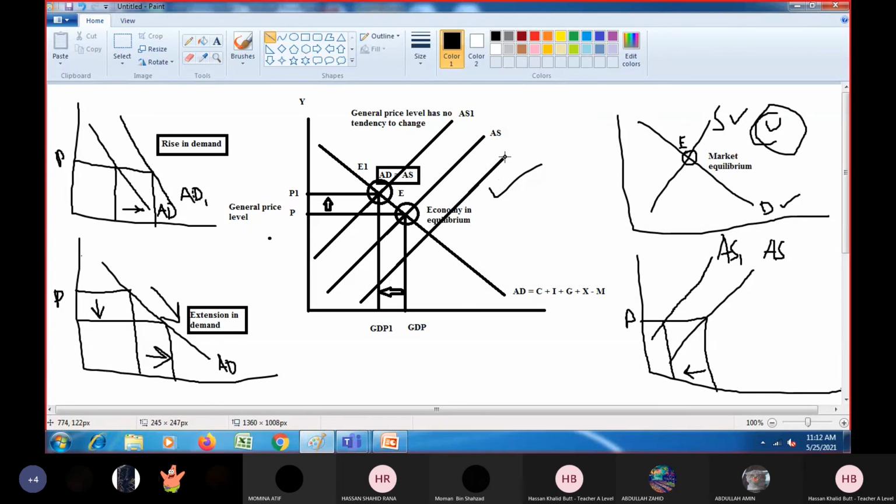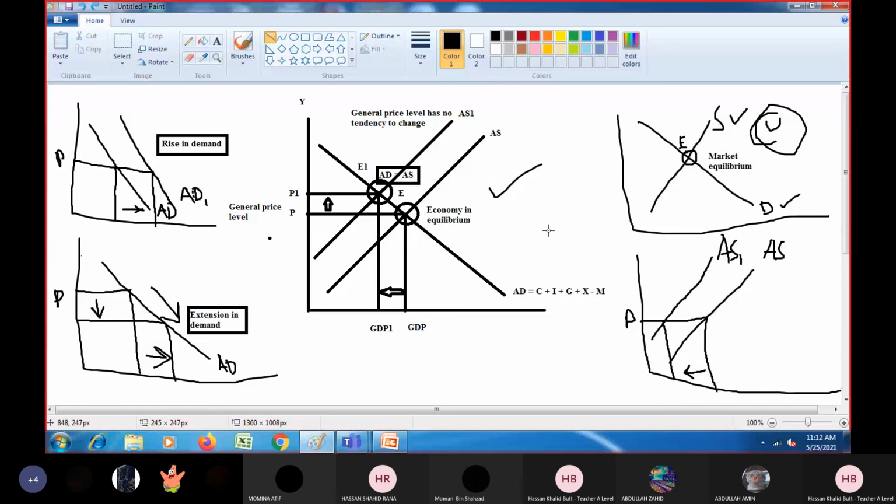This happens when more resources have been discovered and now producers can produce more and they are producing more, so GDP will also increase. But this is not the topic. We are discussing why inflation occurs. If aggregate supply shifts towards the left side because of any non-price factor, what happens to the price level?